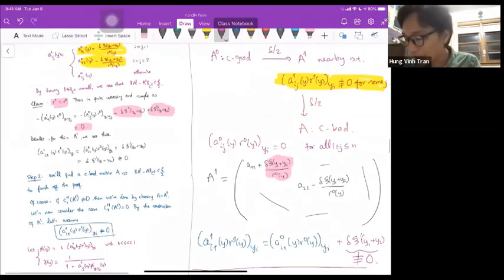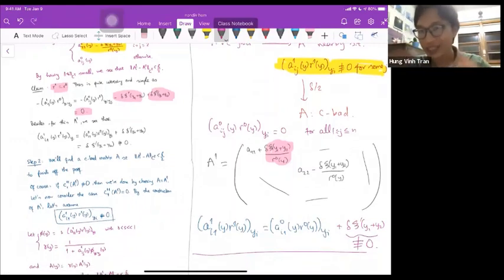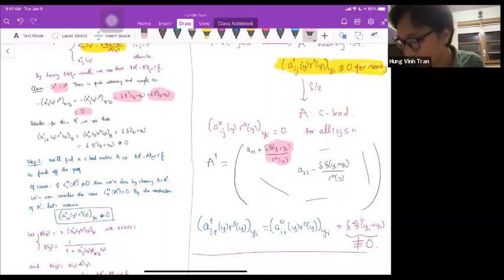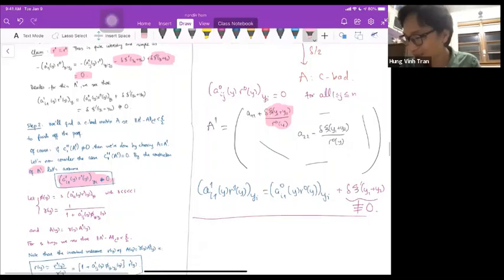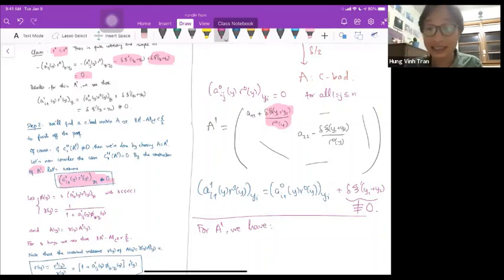And for A1, by changing the rows and relabeling, I can assume that A1 of I1 Y, R1 of Y differentiated in YI is not 0. Okay. So for A1, you can see that it's exactly now the same as the earlier proof we did.